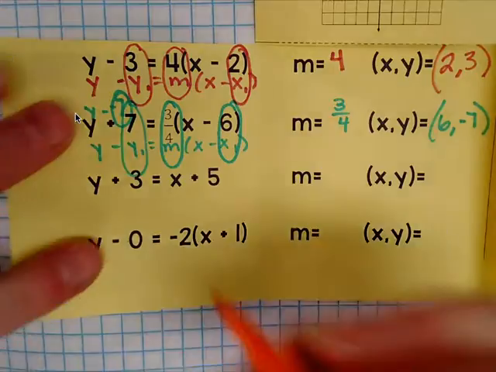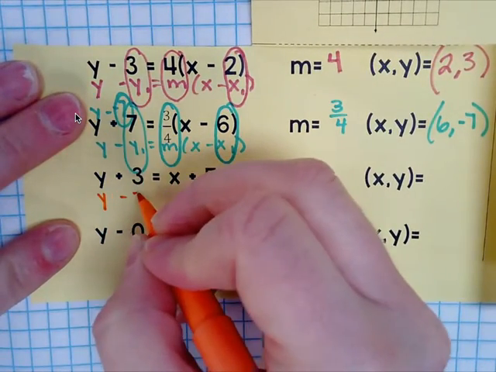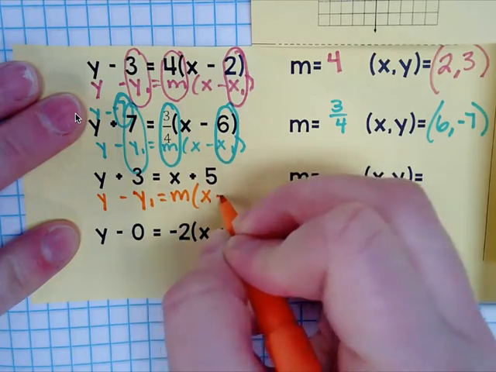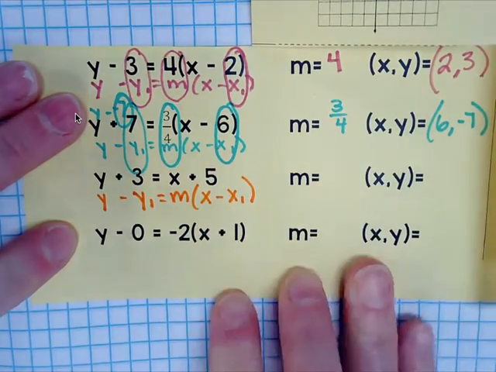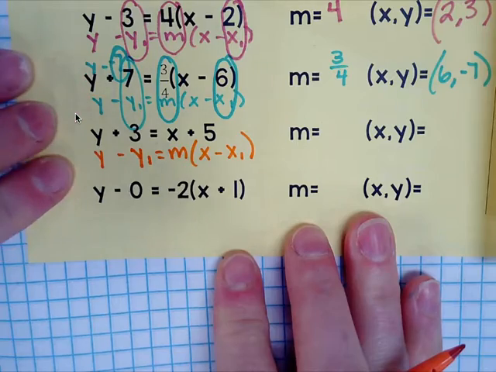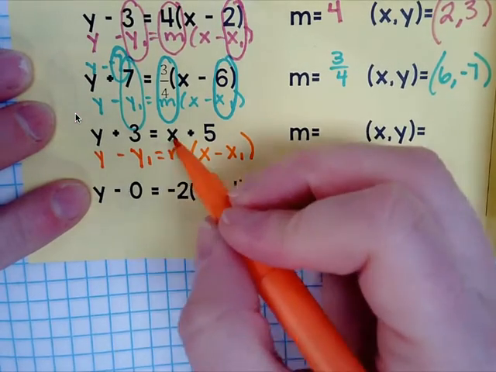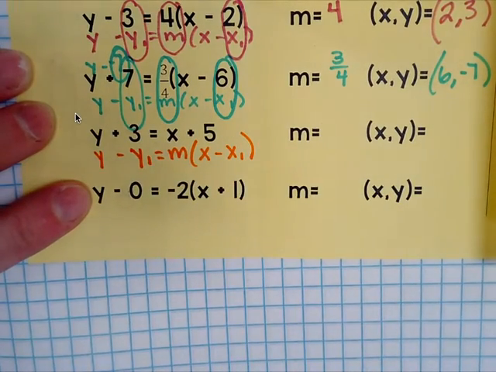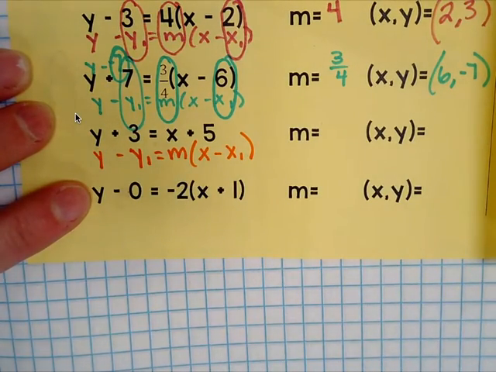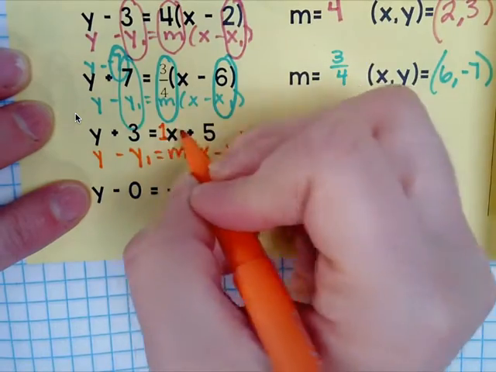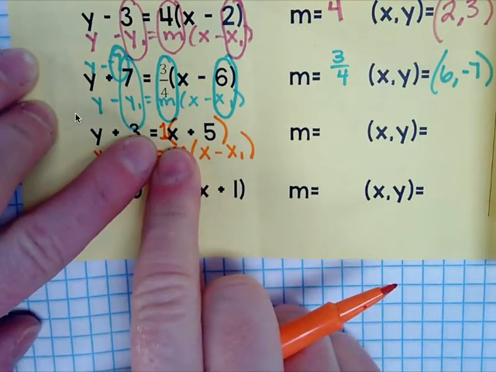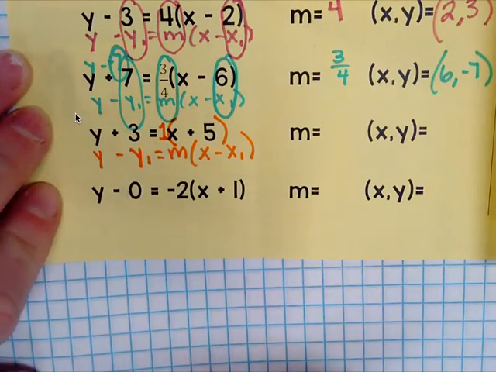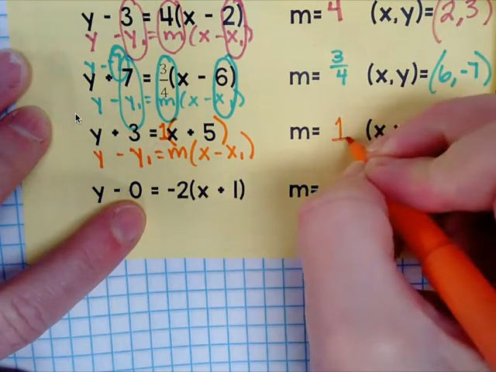Okay, the next one, y minus y1 equals m times x minus x1. What is m? What's in front of x? 1. If it was 0, it would go away. So it has to be 1. Because if I do 1 parentheses x plus 5, isn't that the same thing as just x plus 5? So this is 1.